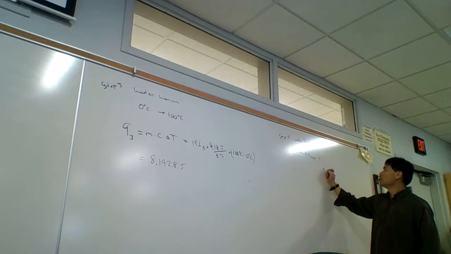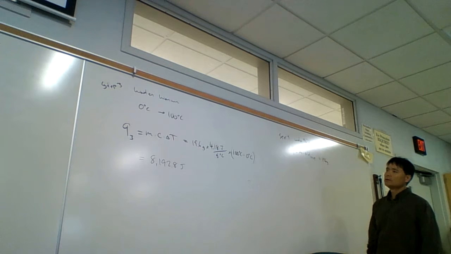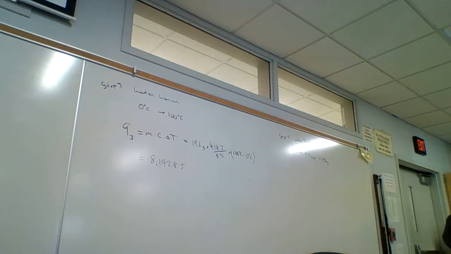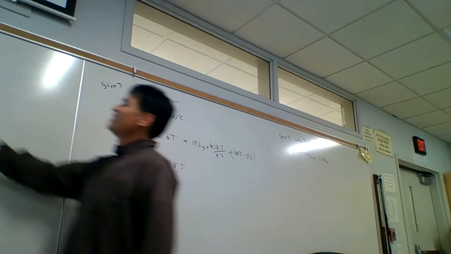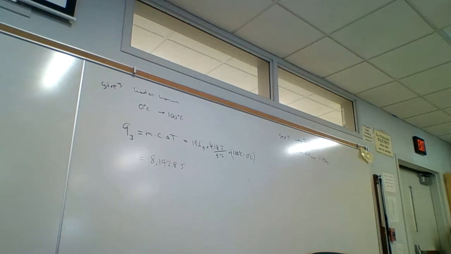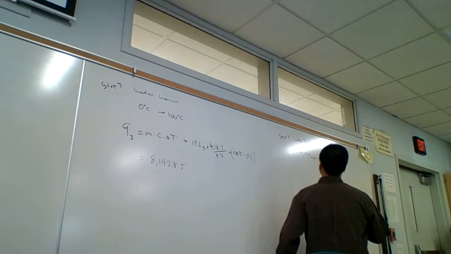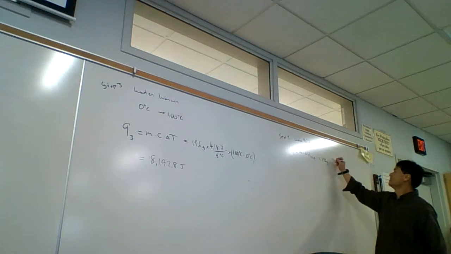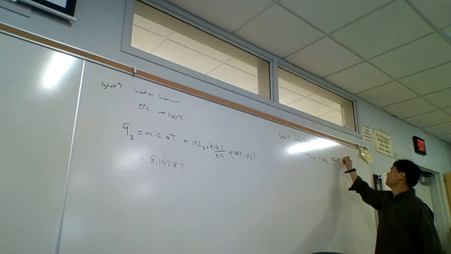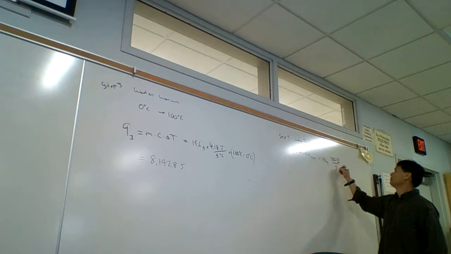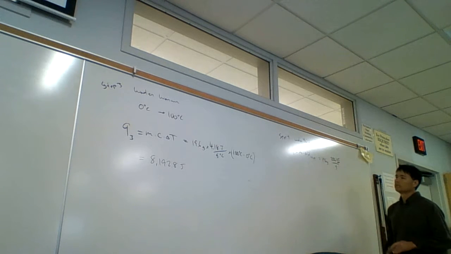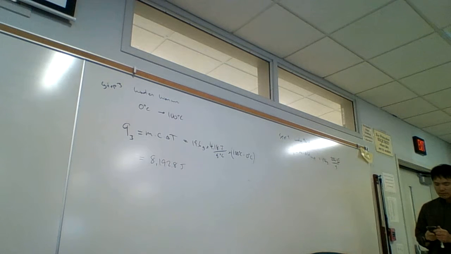So Q is equal to amount times delta H of vaporization. Well, the amount is 19.6 grams. And so what is delta H of vaporization? Delta H of vaporization for water here is 2.26, but it's kilojoules. So delta H of vaporization is 2.26 kilojoules per gram. And so the grams cancel and leaves us with kilojoules.